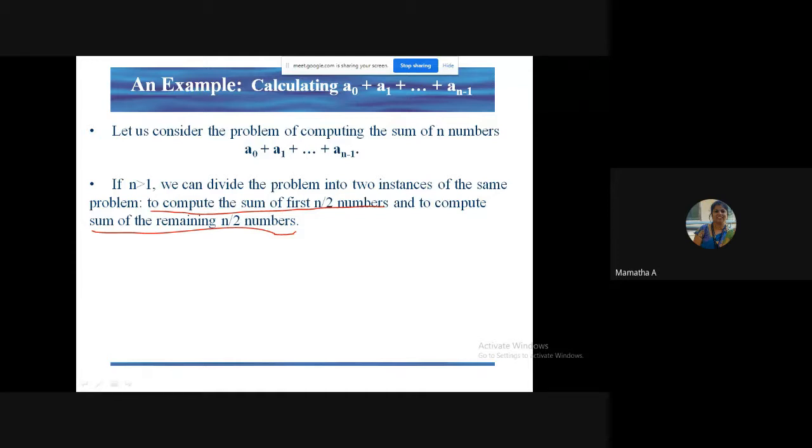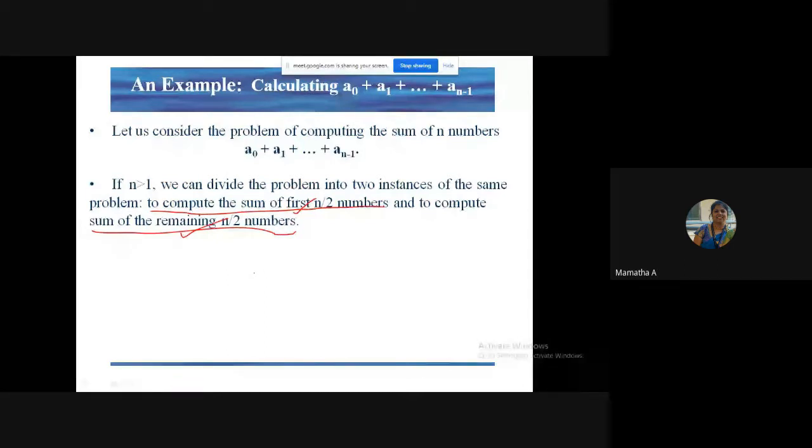So once I get the sum of the first subproblem, what will I do to get the sum of n numbers, students? What should I do after getting the sum of those two subproblems? Add them. Very simple as it is.